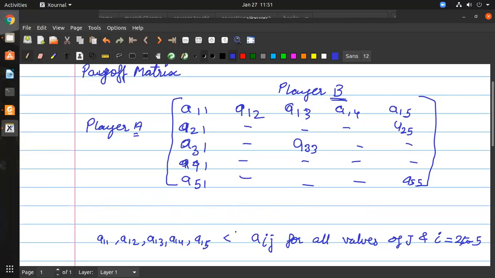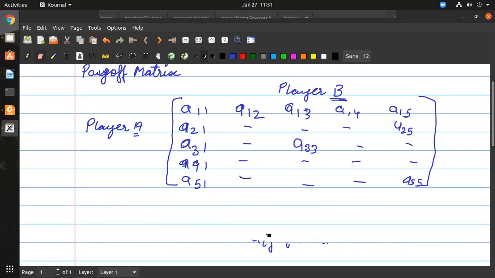Here, instead of the earlier condition, the condition has changed, and now we are working on the columns. So if we are working on the columns, it should not be less, whereas it should be more. Why? Because player B is on the losing end. We have already decided that player B is going to lose and player A is going to win.